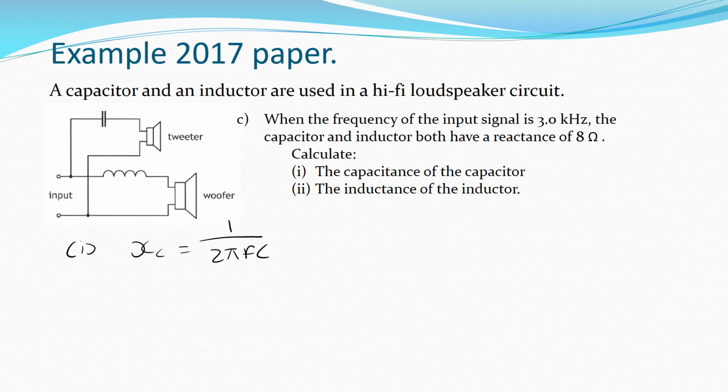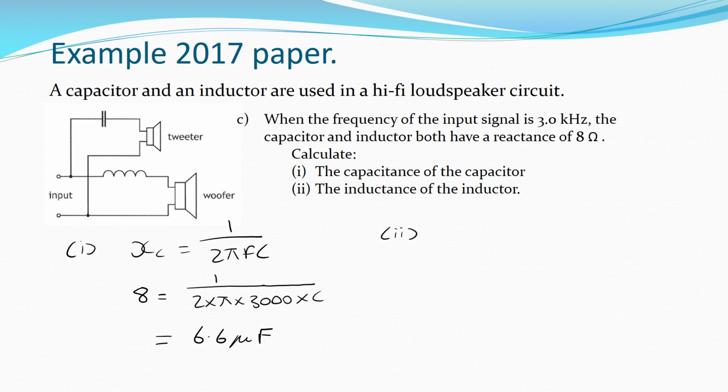We substitute in the values: 8 is equal to 1 over 2 times pi times 3000, because it's kilohertz, multiplied by C. When we rearrange and solve, we end up with a capacitance of 6.6 microfarads.